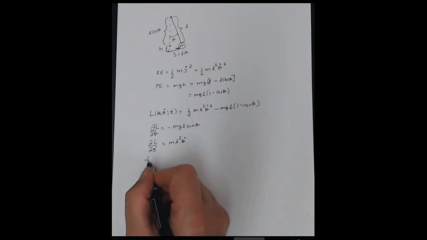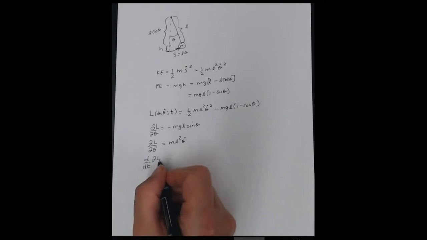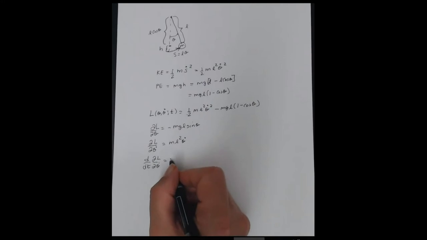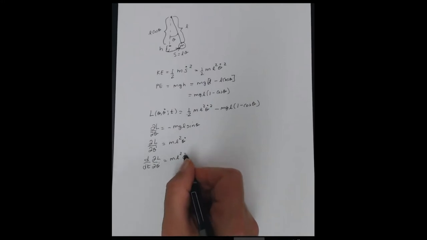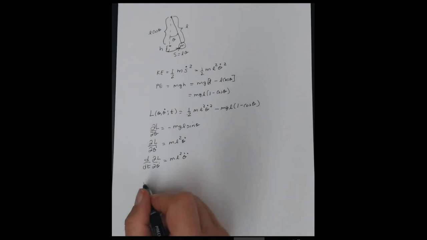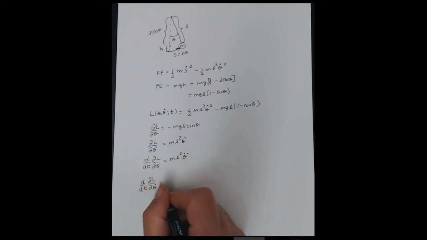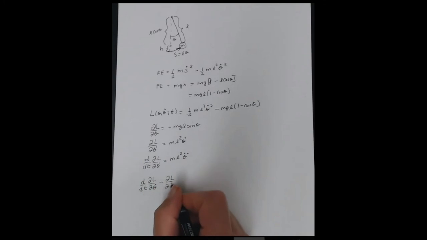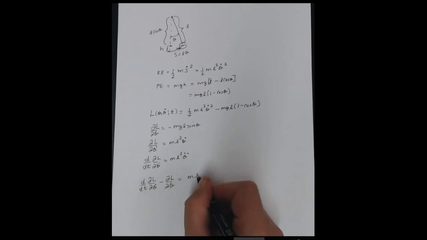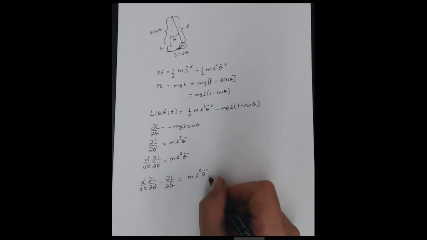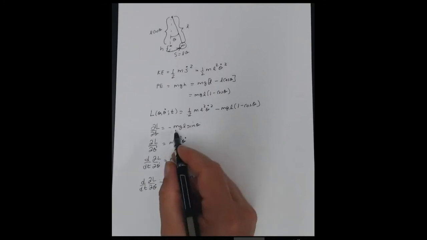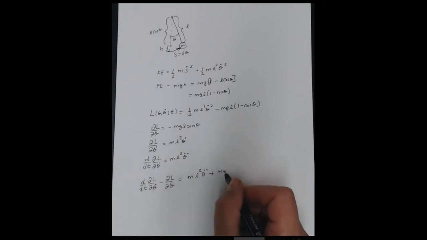And then if I take the derivative with respect to time of that, it's mL squared, which doesn't change, theta double dot. So I get my equation of motion, mL squared theta double dot minus negative mgL sine theta, so plus mgL sine theta. And again, now if I solve for theta double dot, so this whole thing has to be 0.